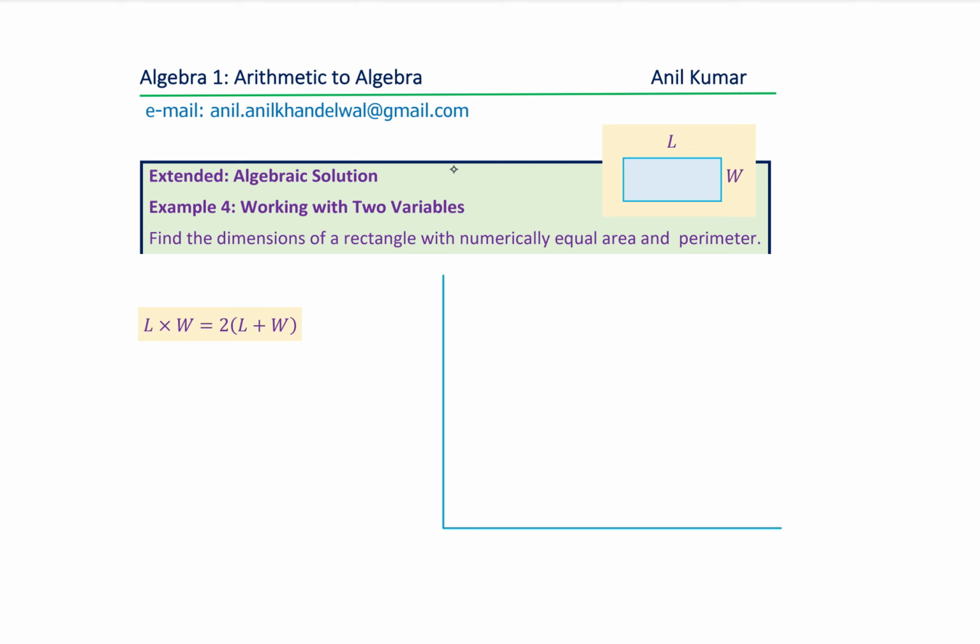So we have the same rectangle here, and the condition, since we know that area is equal to perimeter, we have length into width is equal to twice the sum of length and width. And we have to use this particular graph paper and graph our solution.